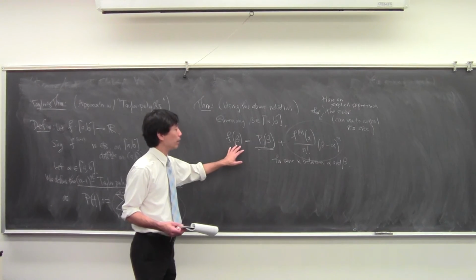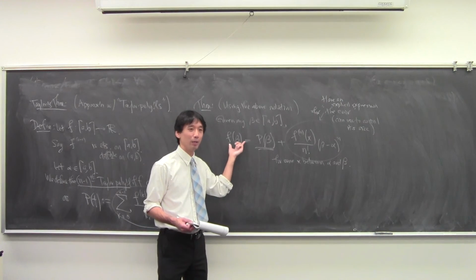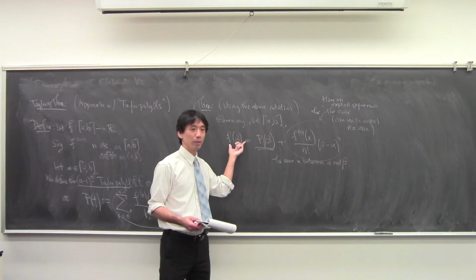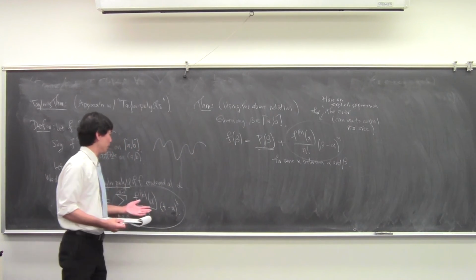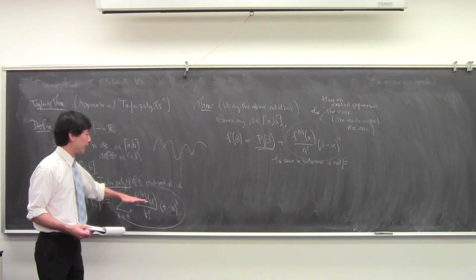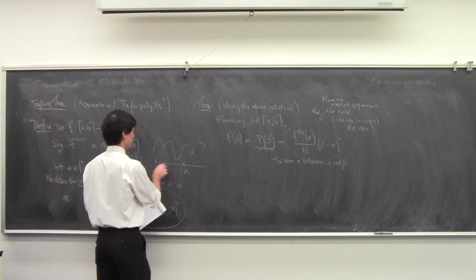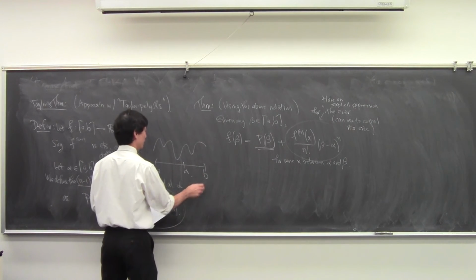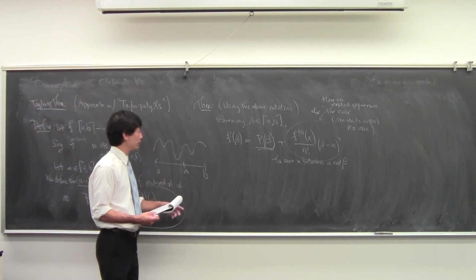So what this is saying is, how well is your function approximated by a polynomial? You've got some function. You take a Taylor expansion of it around some point alpha. Here's alpha, here's (a, b).